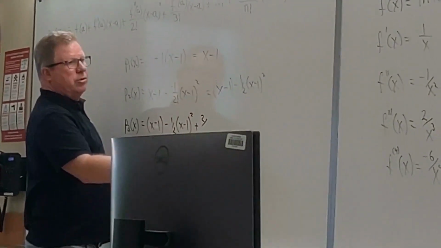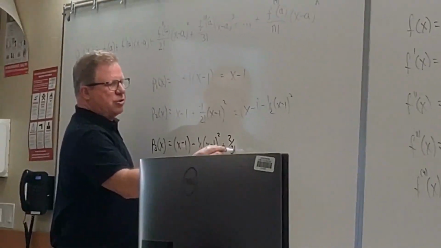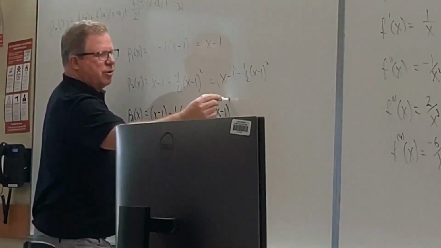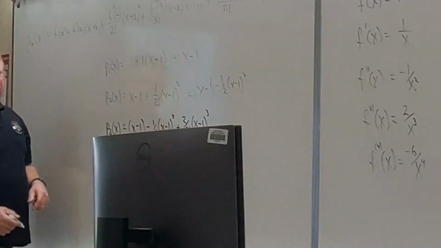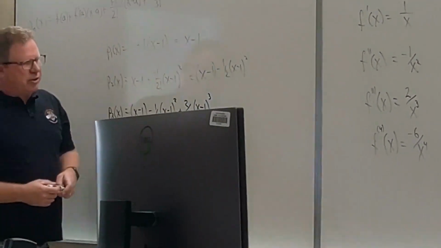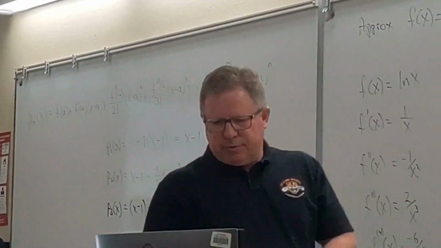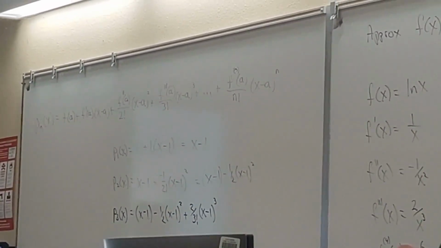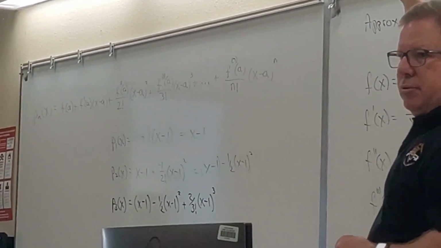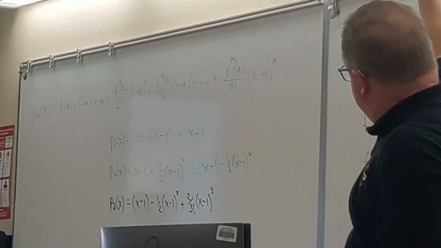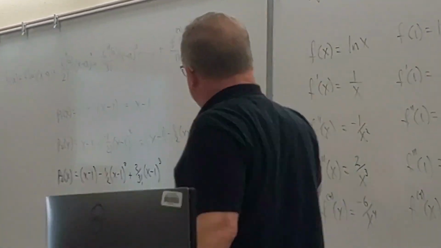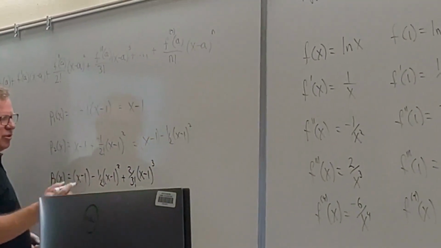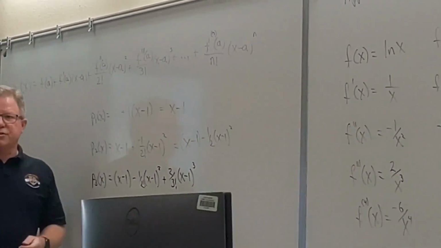2 over 3 factorial times x minus 1 cubed. You don't actually need the factorial, but it's not necessary because 2 times 1 is 2.